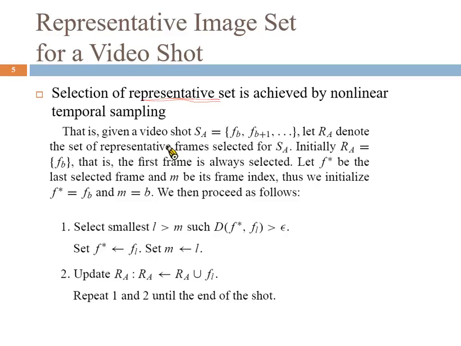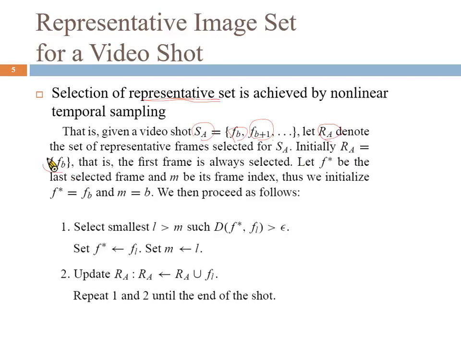Okay, so here is one simple method. Given the video shot SA starting from FB plus 1 and so on, we let RA denote the set of representative frames.